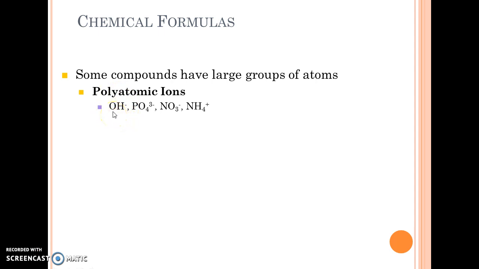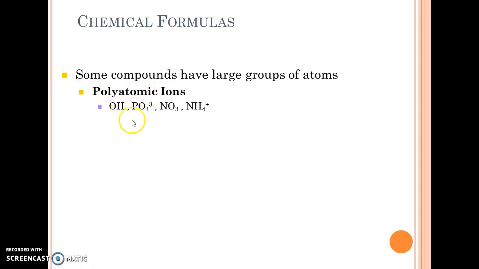Hydroxide consists of 1 oxygen atom and 1 hydrogen atom, and then we have this negative 1 charge. Notice how there's no number written, because normally in chemistry we do not write ones. If we're going to write it, we're going to assume that it's there.